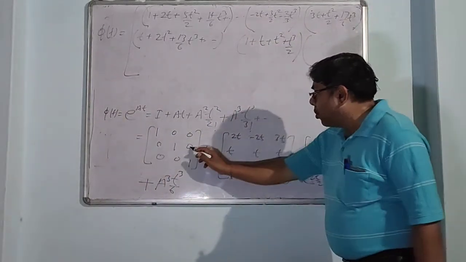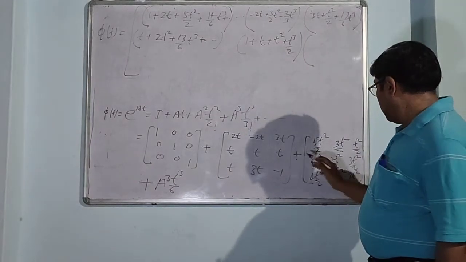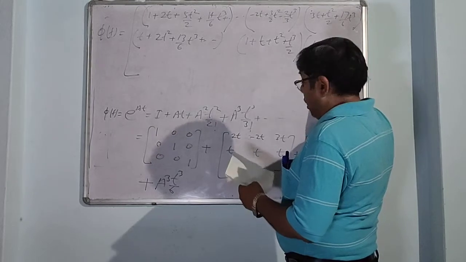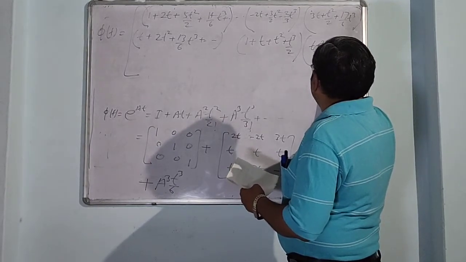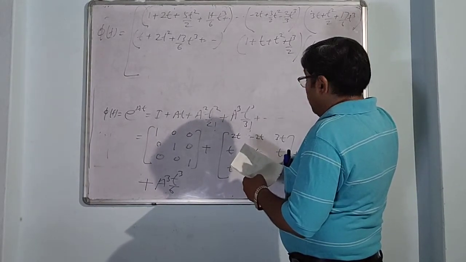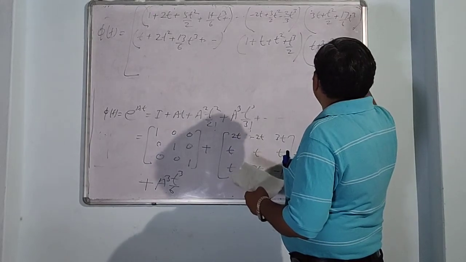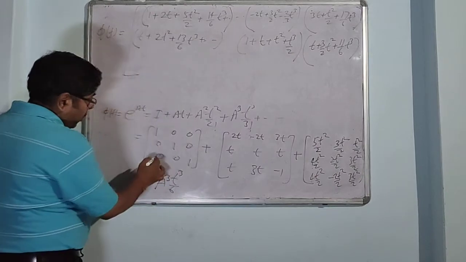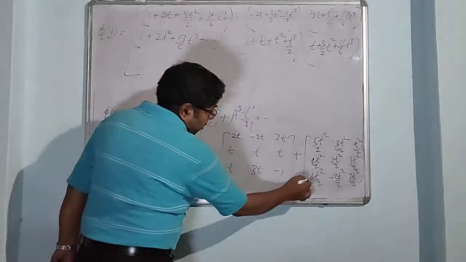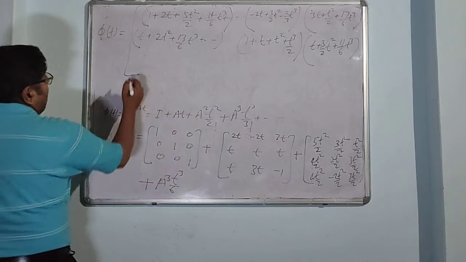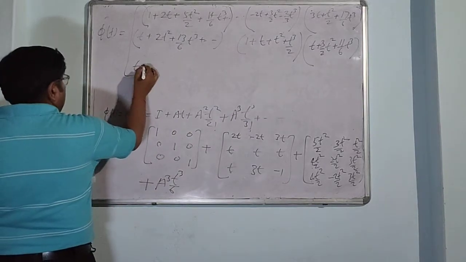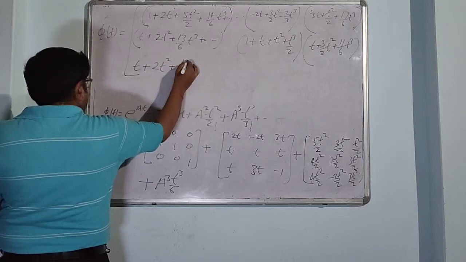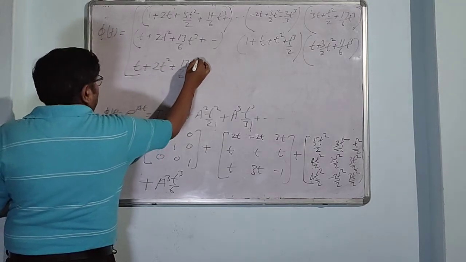Next term is 0 plus t plus this one. So this is simply t plus 3 by 2 t square plus 11 by 6 t cube. And for the next row, 0 plus t plus this one. So this is t, 2t square plus 13 by 6 t cube.